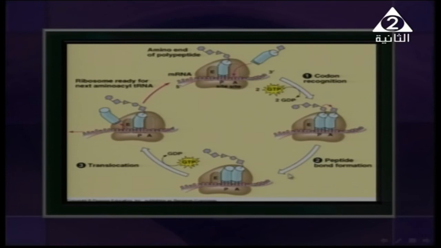Number 2, this is the step of peptide bond formation. And then translocation. Then the ribosome is ready for the next aminoacyl transfer tRNA. Then the amino end of the polypeptide.